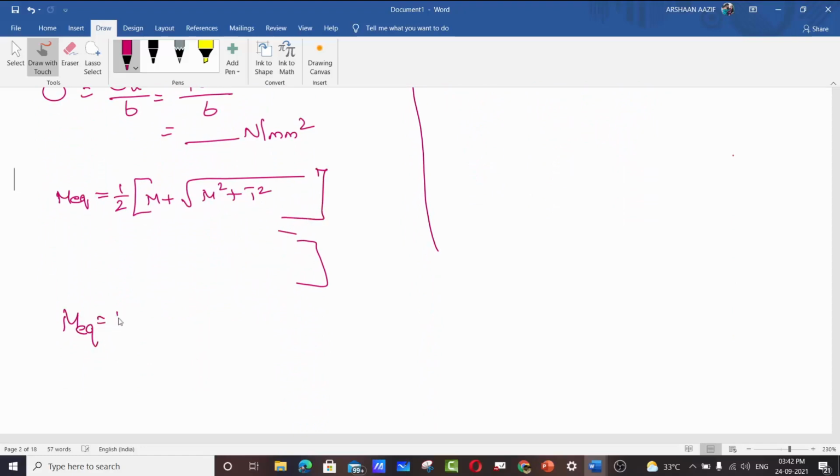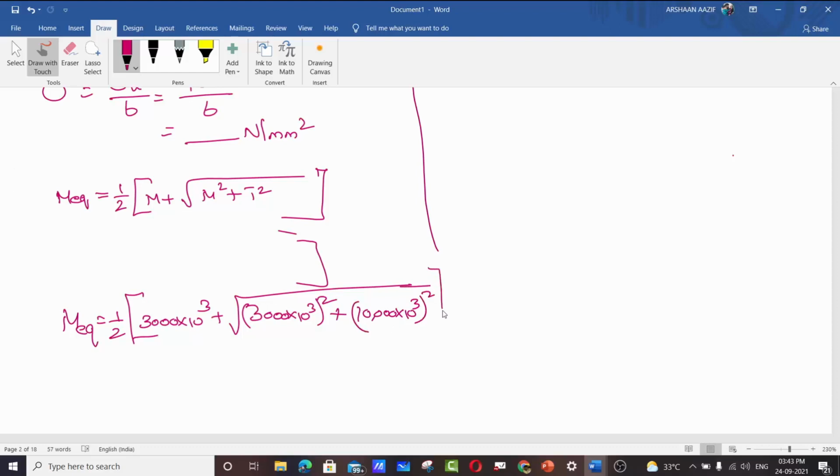M equivalent is equal to 1 by 2 into 3000 into 10 to the power 3 plus root of 3000 into 10 to the power 3 the whole square, plus 10,000 into 10 to the power 3 the whole square. You should be careful while taking the whole square. So simplify this and then divide it by 2.